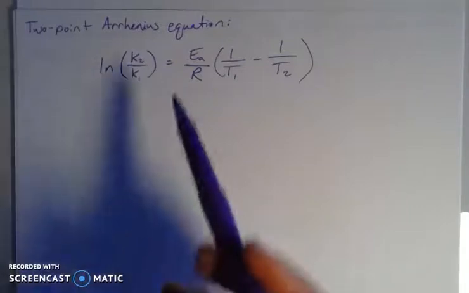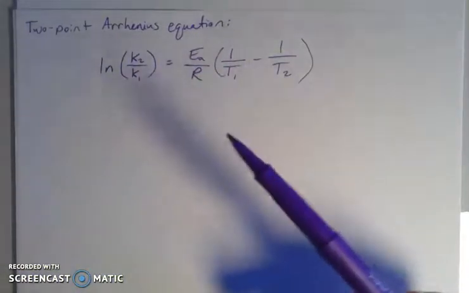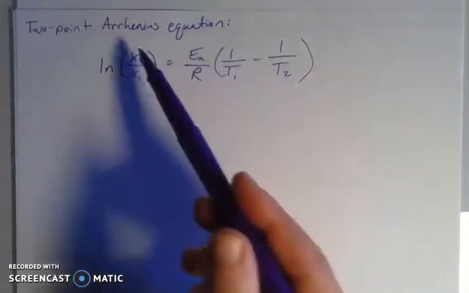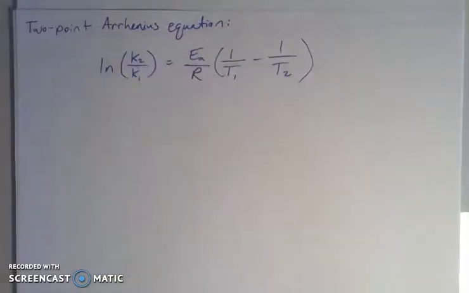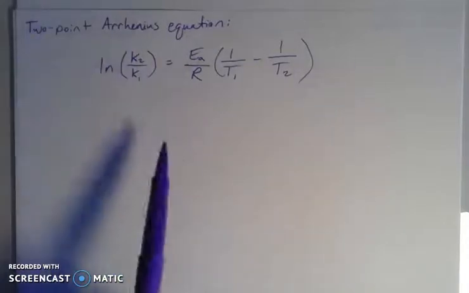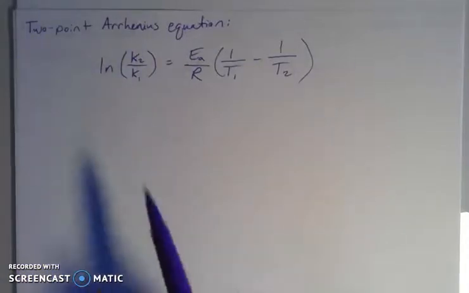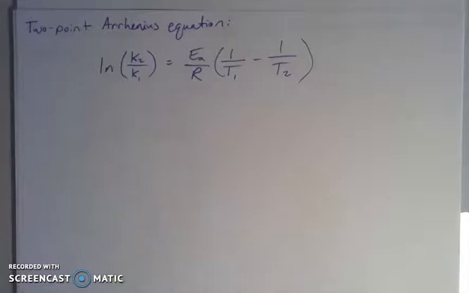Or if I have the activation energy, I can figure out one of the temperatures, or the rate constant at one of the temperatures if I know both temperatures and the activation energy. So this is kind of a handy way. This combination of the Arrhenius equation and the two-point Arrhenius equation that comes from thinking about it on a graph are really useful.